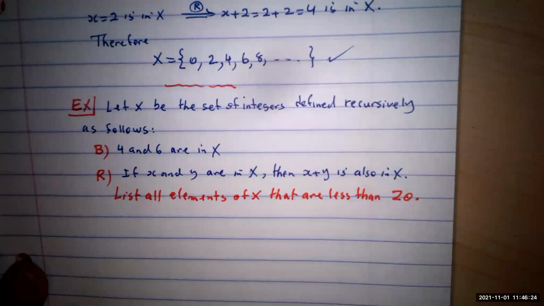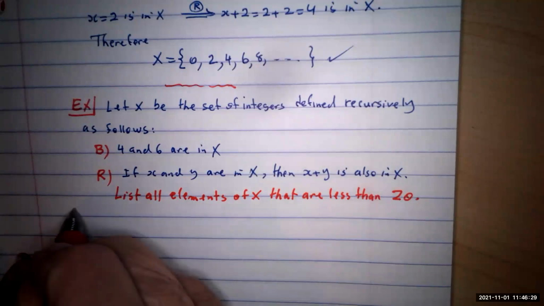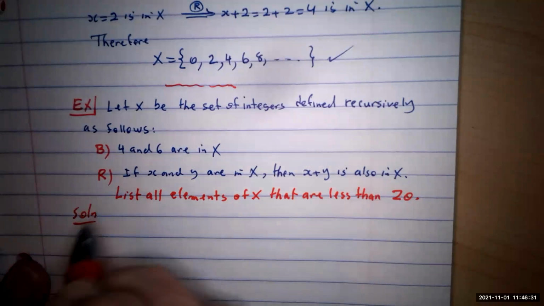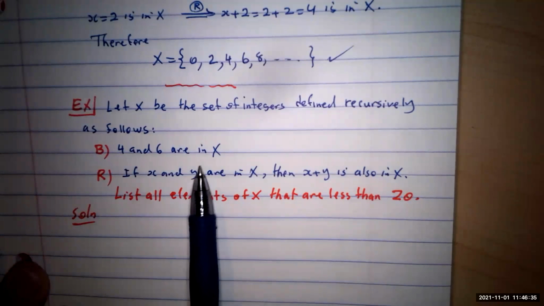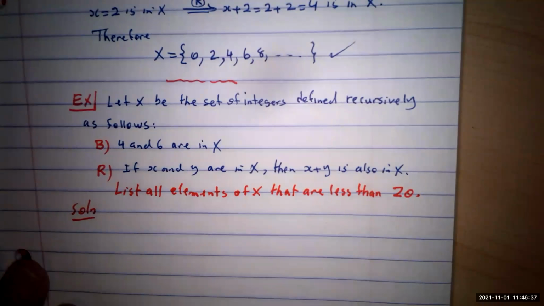Okay, are you ready? Solution. Again, by the basic part, you have 4 and 6 in X, so we already got 2 elements.